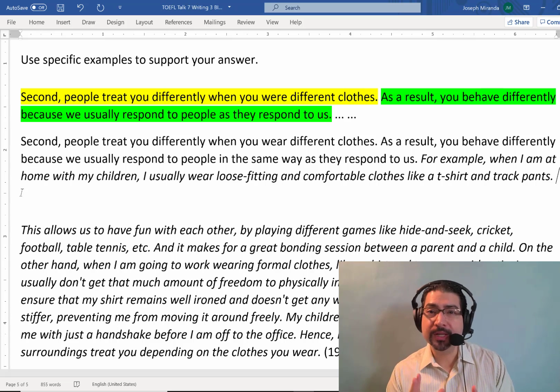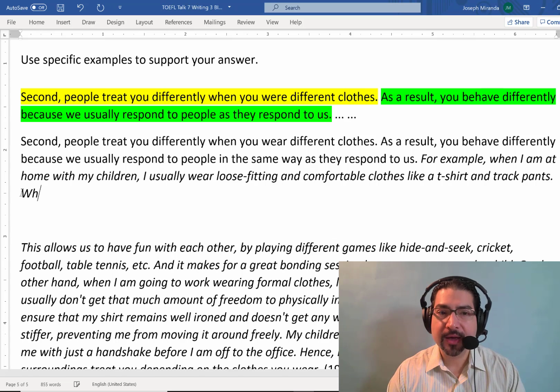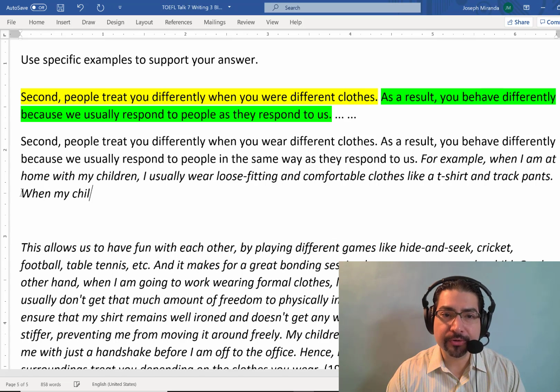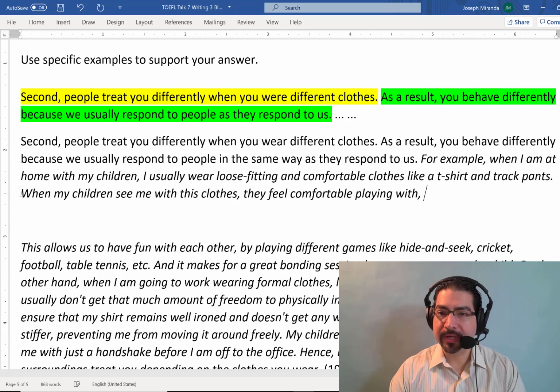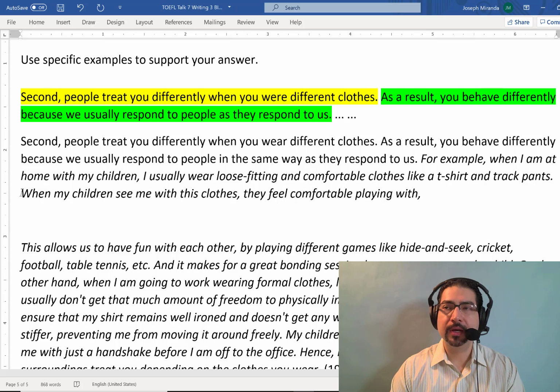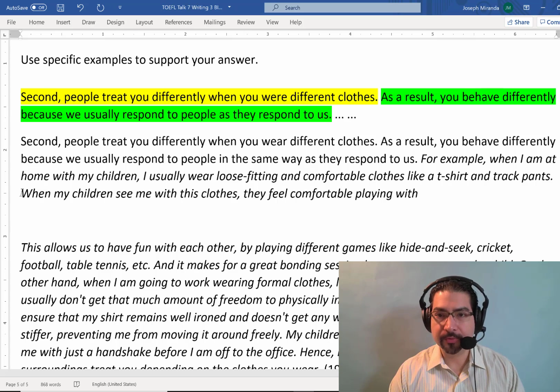Okay, and I hope what you realized is now we need something like, when my children see me in these clothes, they feel comfortable playing with me. Then we can have a comma. Well, I'll make the grammar a little more simple.